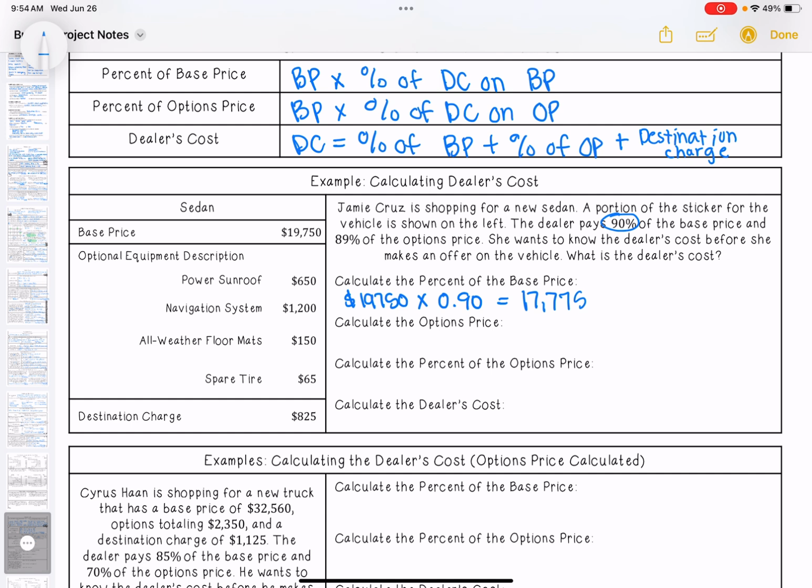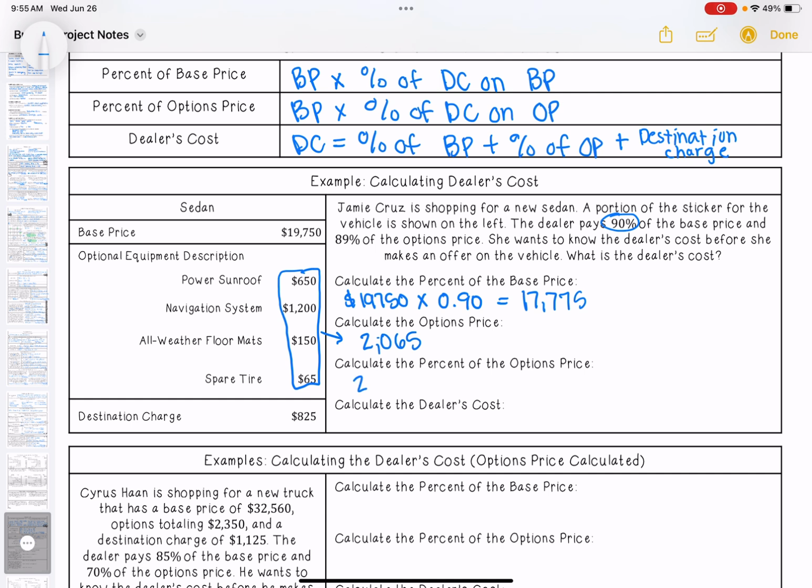All right, next we have to find the options price, which is what we did last time. So I'm going to add up all those numbers together, and that's going to give me $2,065. Now I'm able to find the percent of the options price.